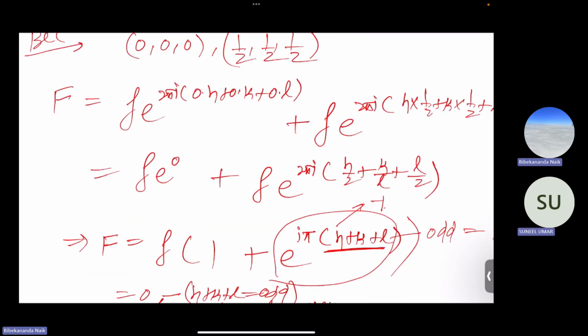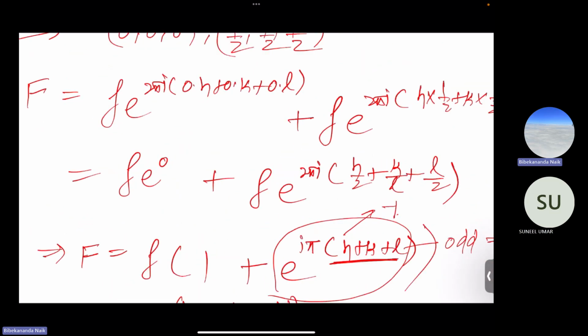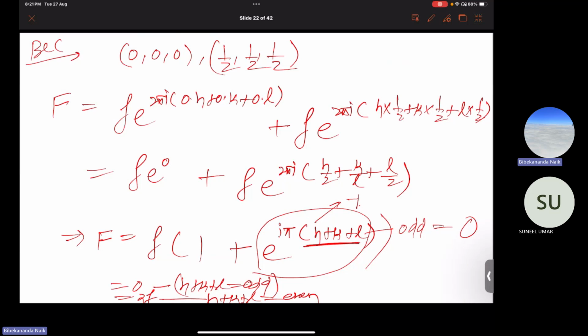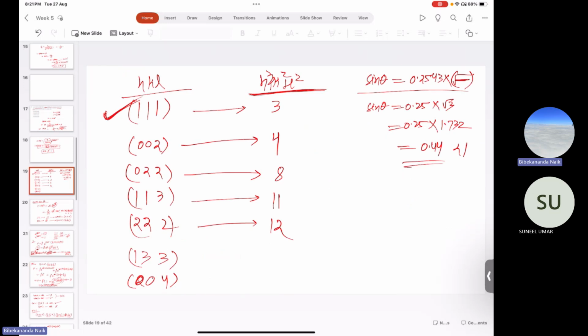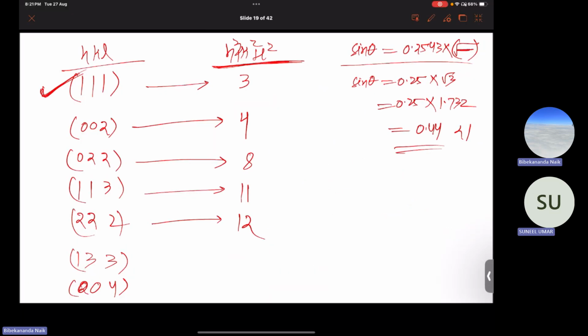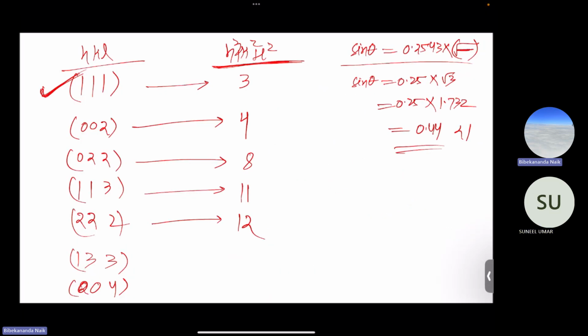So in the question that we are discussing, let me go back to the question. Now we get how we are taking all odd values or all even values, but not other values. All these values will be arranged in increasing order of their h square plus k square plus l square value.